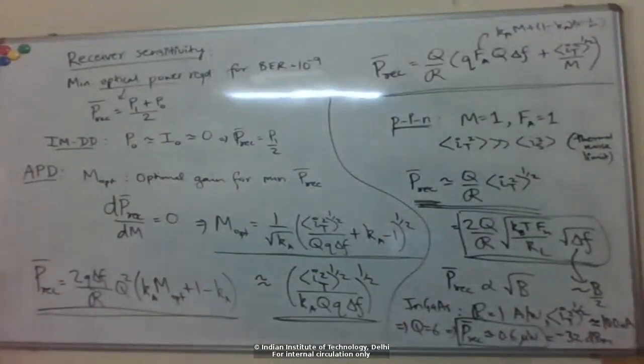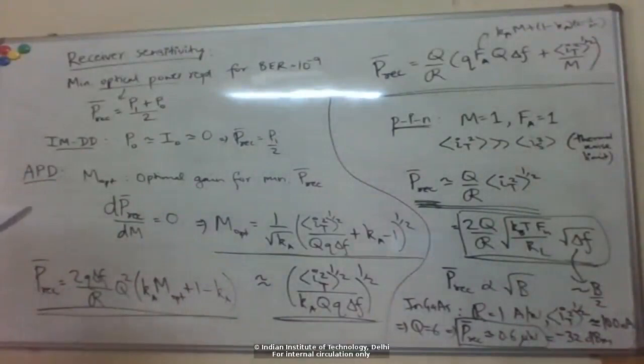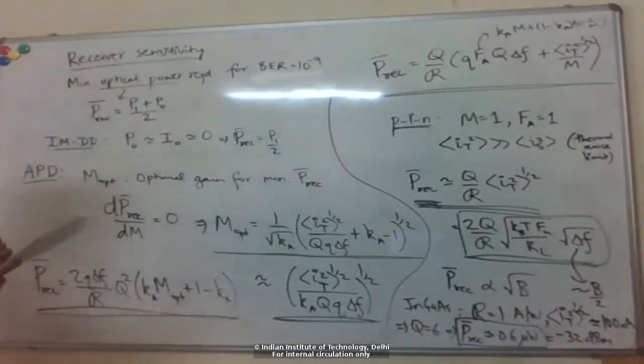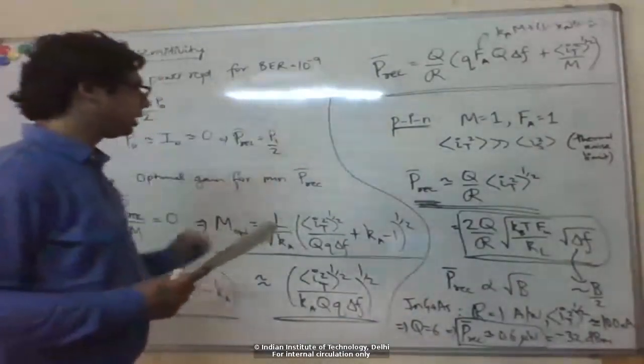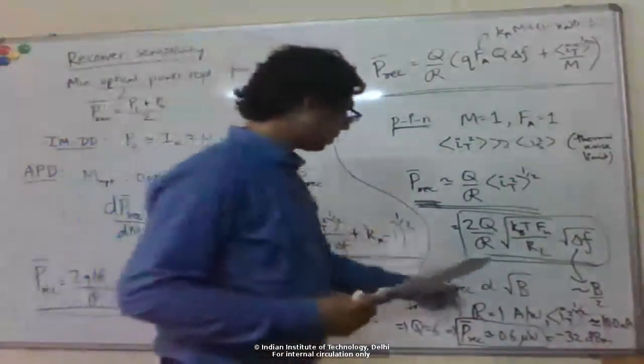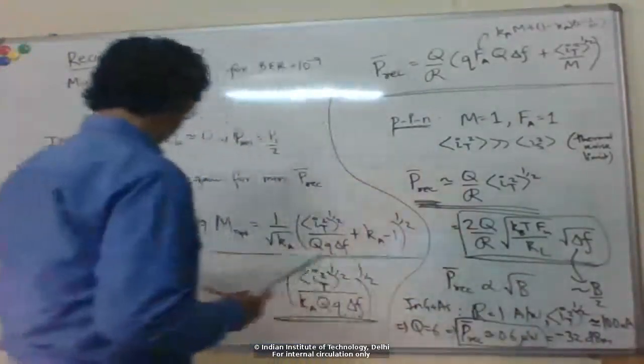Okay. And if you compare the values typically, so let's say for the same Q value, so Q equal to 6, for example, for 10 to the minus 9, what is the received power that I need? So we estimated that for the PIN photodetector about a microwatt.